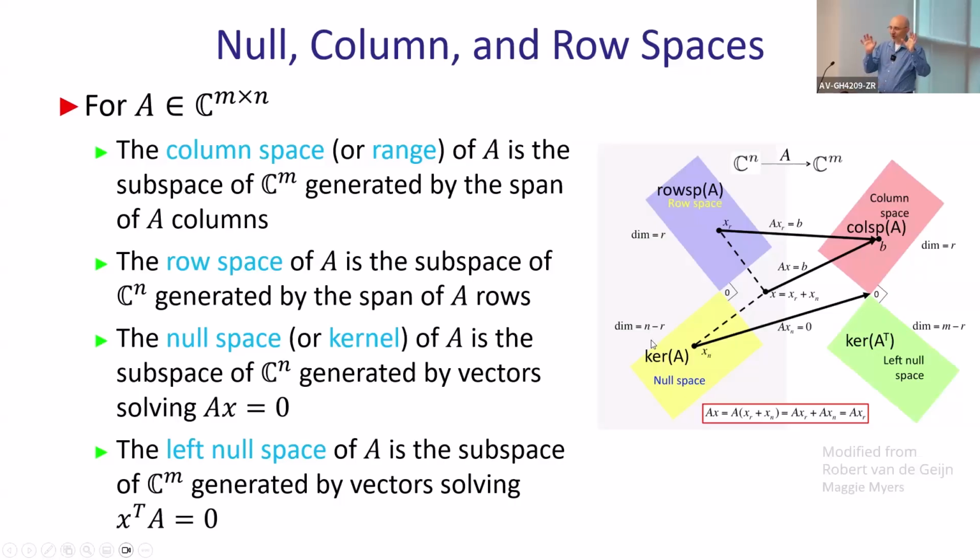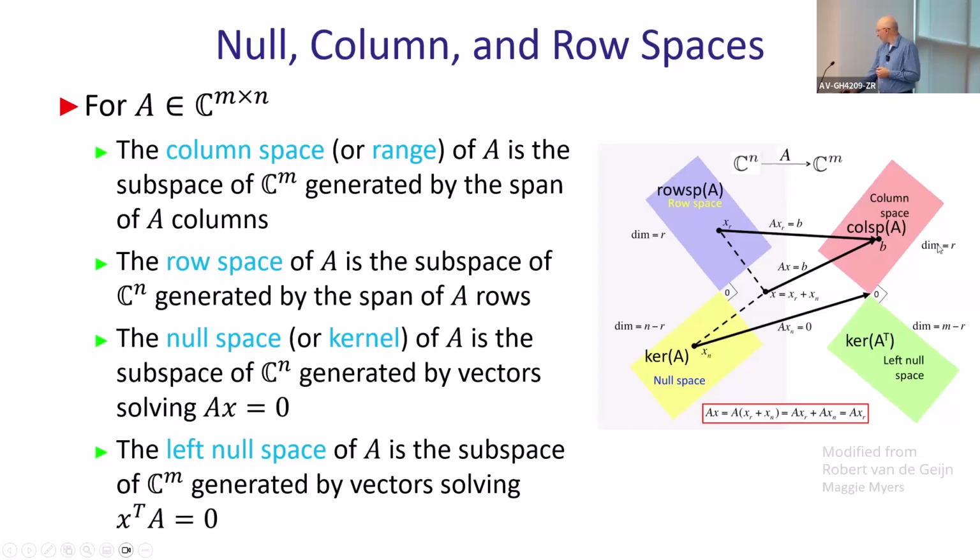It's like how many vectors you have in one basis versus how many vectors you have in another subspace. So the sum of those dimensions should add up to n, because the vector length is n, right? So the number of vectors in the basis here should be R, and here it will be n minus R, whatever complements to n.